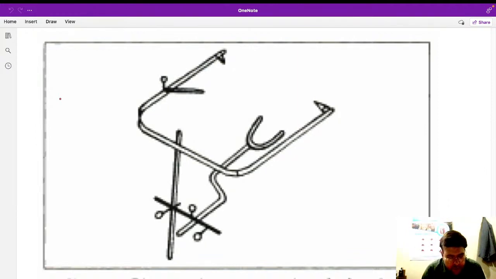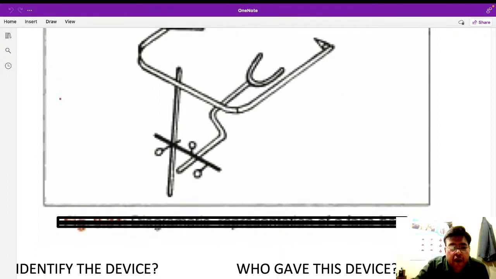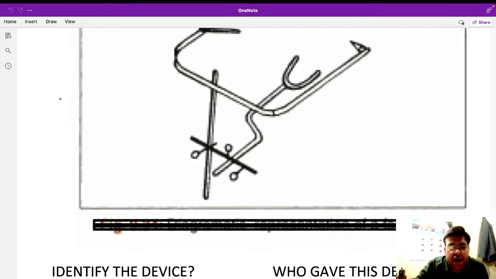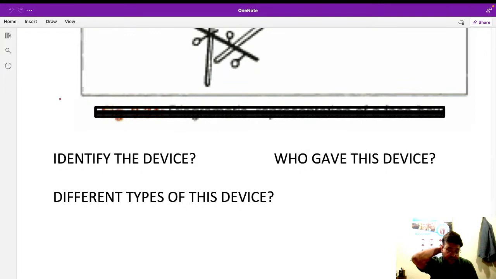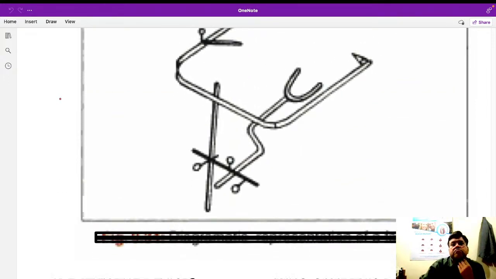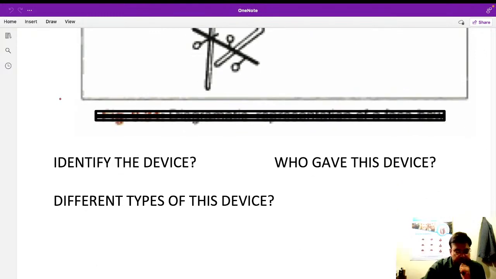Great. So all of you can identify this diagram. Who gave this device?